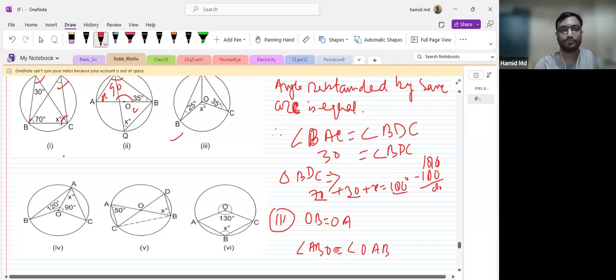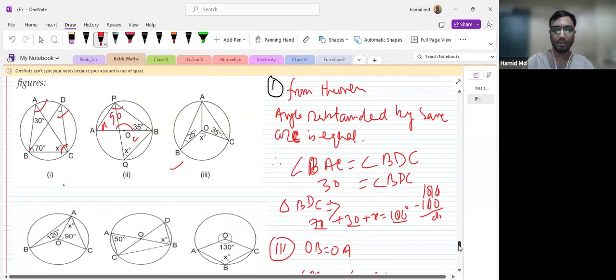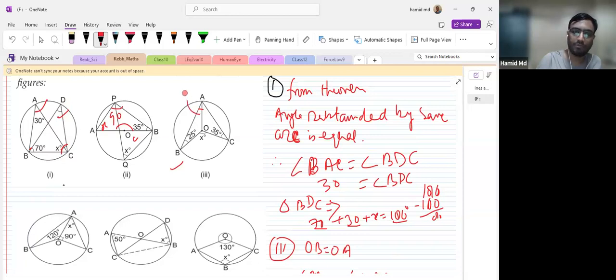So we will use this condition. It will be 20 each, right? So it is 20, it is also 20. Sorry, 25. Similarly, this is equal to this, so this will be 35 degrees.